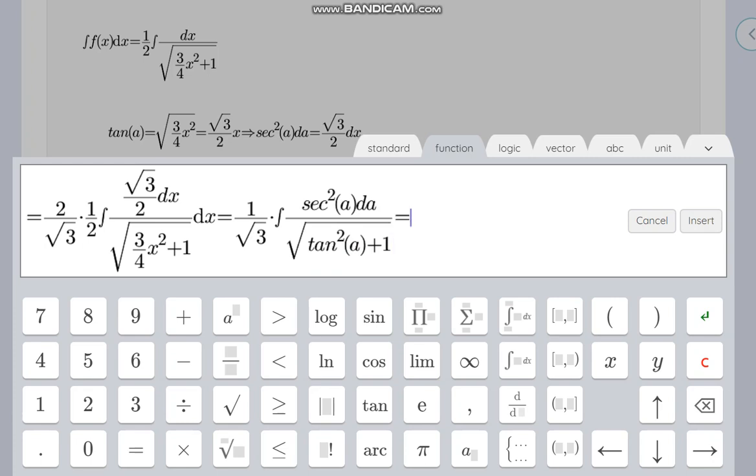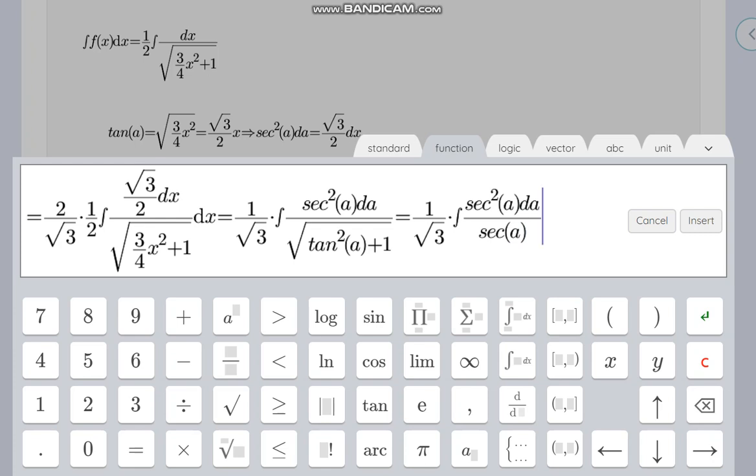Okay, look at this. In the denominator, we have 1 plus tangent squared of a. That equals secant squared of a. And we have a square root, so it becomes secant. So we have something that looks like this: secant squared of a dA, and here we would have a secant of a.